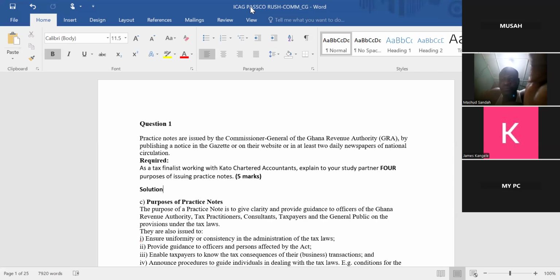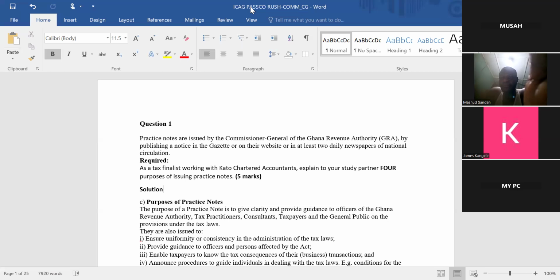And these practice notes are issued by the Commissioner General. Let me say before I continue, I made mention that the GRA has three divisions. There are some of the powers of the Commissioner General that can be performed by, let's say, a senior revenue officer.